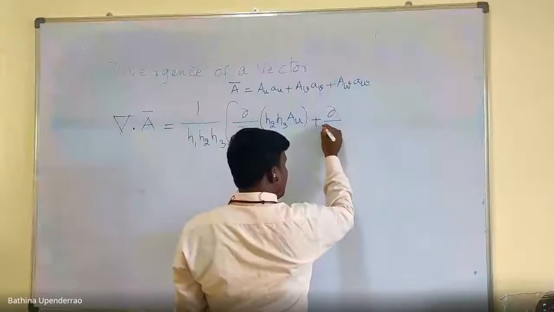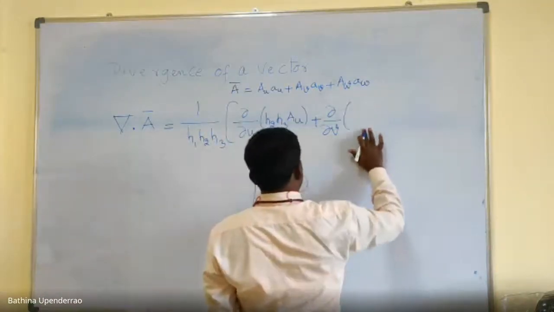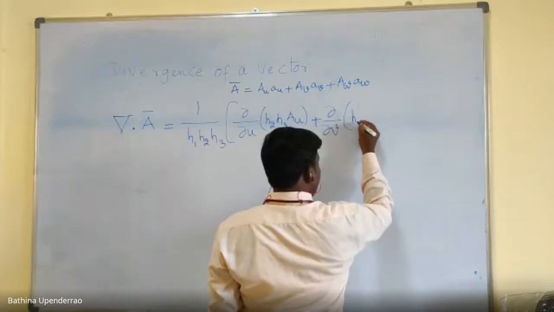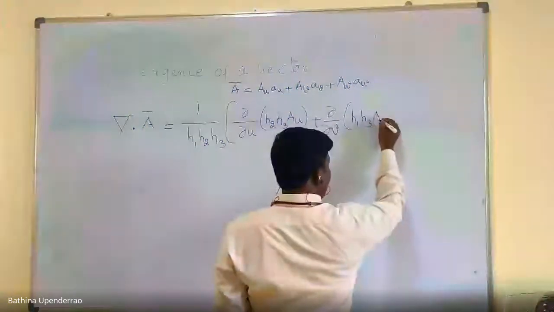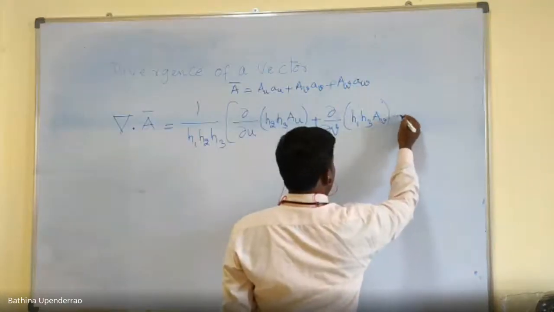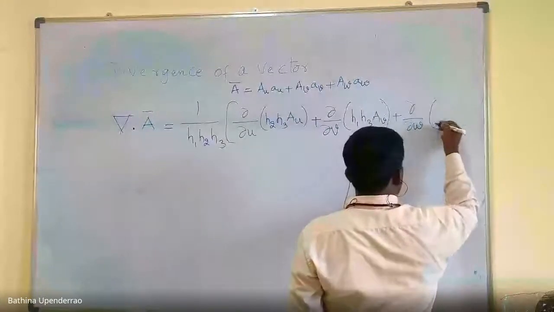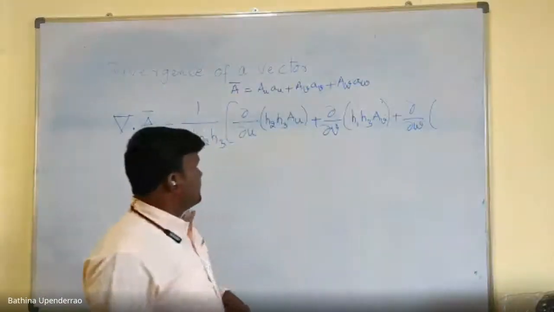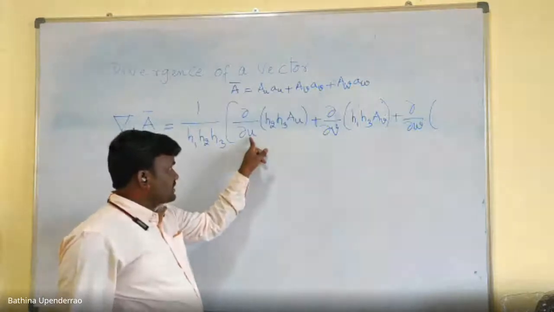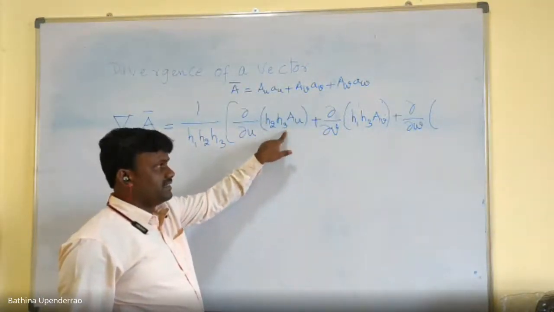Next, here you have dou by dou v of h1 h3 Av, and the last one, that is dou by dou w. If you observe here, u means first element, so except h1 we consider the remaining two, that is h2, h3.